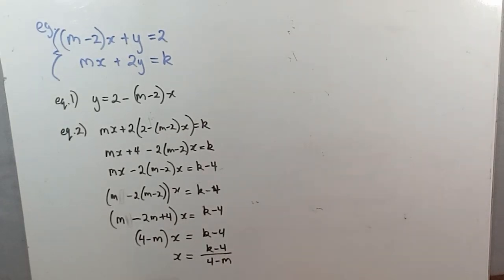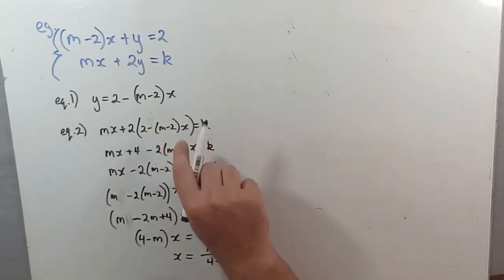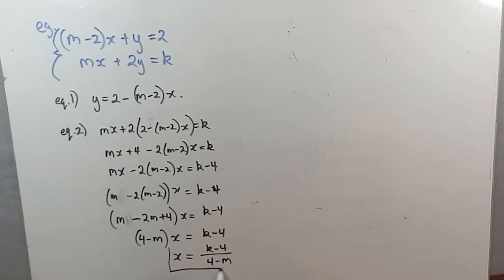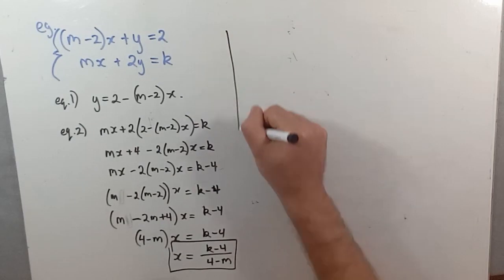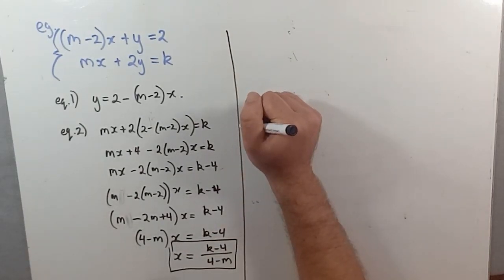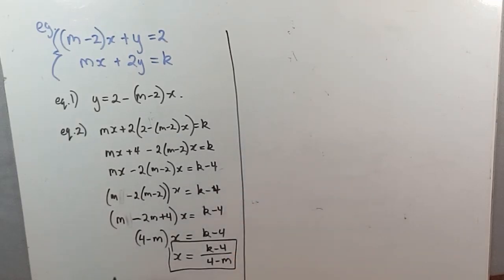Now that I've found x, what does y have to be? I can put that back into my equation 1 up there. So I'll put a box around that. I might do it over here, it's got a bit more room. Now, I can probably do it in one little step.